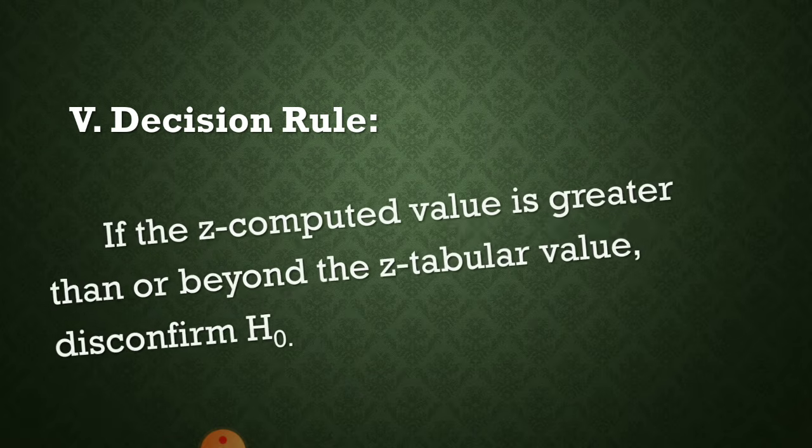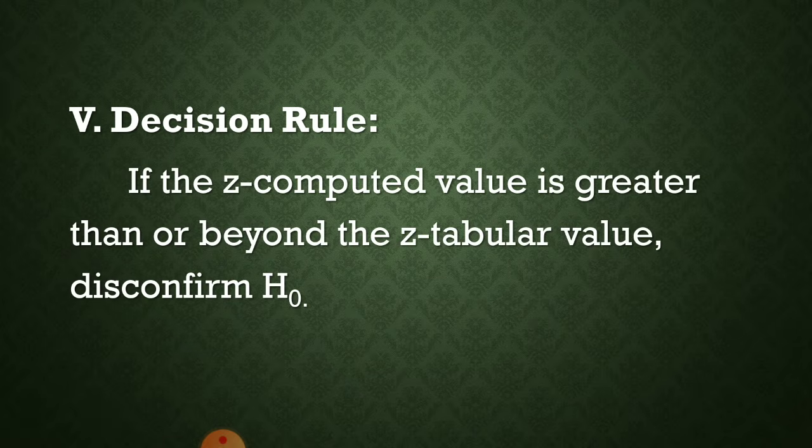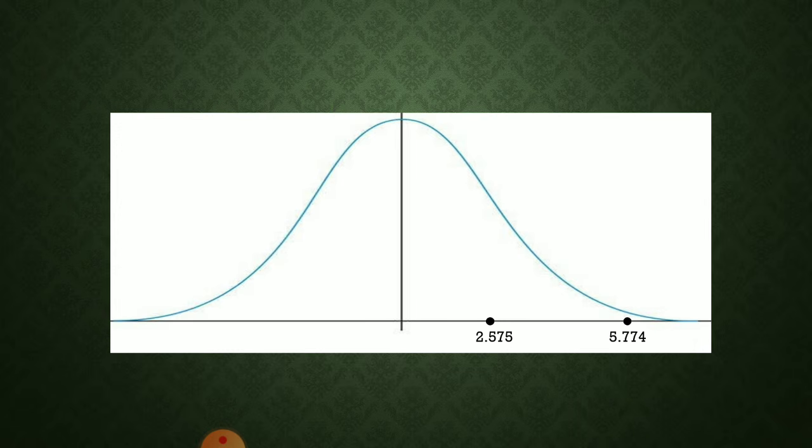Then, for the decision rule, if the Z computed value is greater than or beyond the Z tabular value, this confirms the alternative hypothesis. So let us plot those values into the graph. So we have here the graph. The Z tabular value of positive 2.575 is located on the right side of the graph because that is positive.